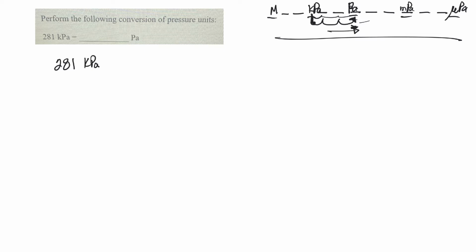The decimal is not shown there, so if it's not shown, we assume it to be at the end. So if I have 281 here, and I have to move the decimal 3 to the right, 1, 2, 3, the decimal winds up there, so your zeros are put in as placeholders. So this would be the same as 281,000 pascals.